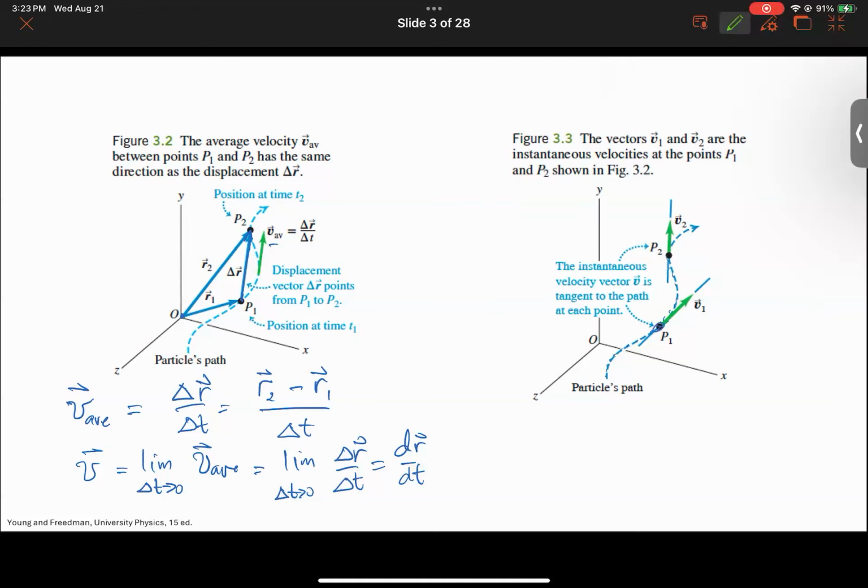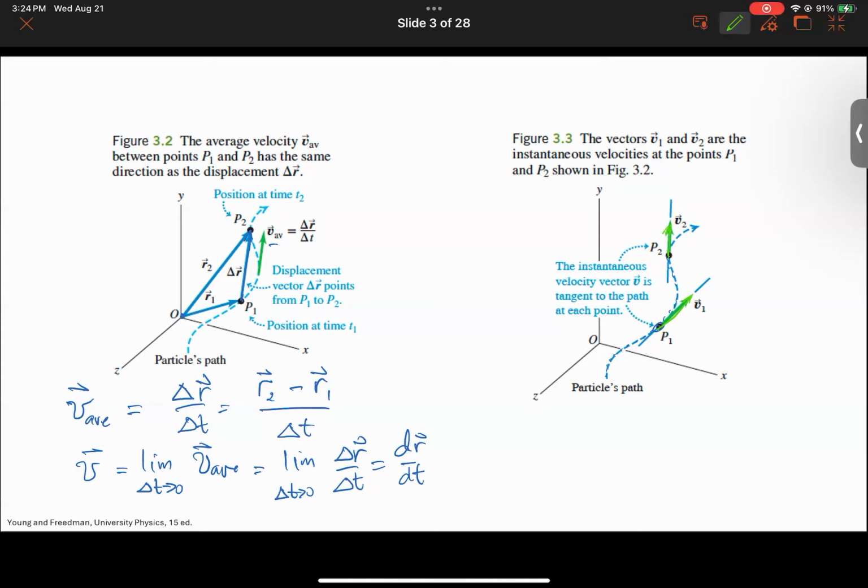So yung tangent line at P1 has this shape, and yung tangent line na yan will have the direction of the instantaneous velocity at P1. Then kung titignan naman natin yung P2, if you draw a tangent line at P2, ganyan yung mag-iitsura ng tangent line, at yung tangent line at P2 will be the velocity of the particle at P2.